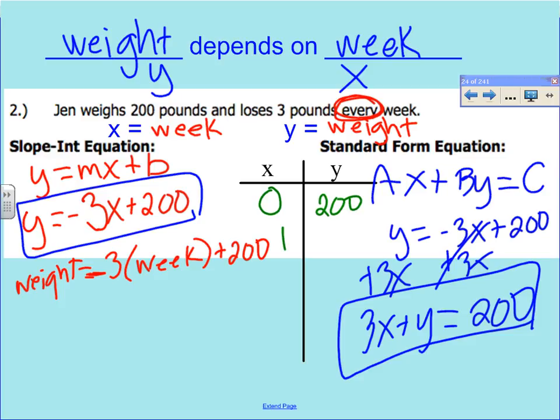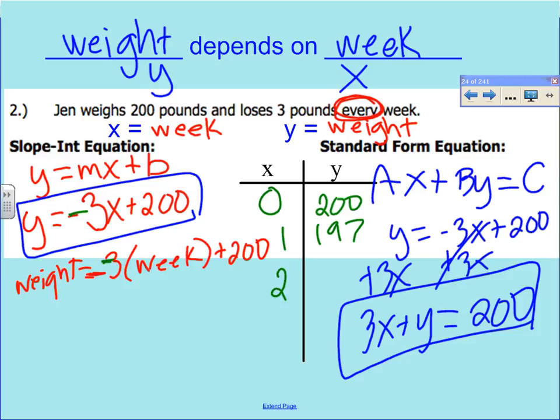At week 1, so negative 3 times 1 plus 200. So it's negative 3 plus 200. So she's losing 3 pounds. Good, 197. You understand that? Okay. So be careful because she's losing 3 pounds. So this is going to decrease to 197.